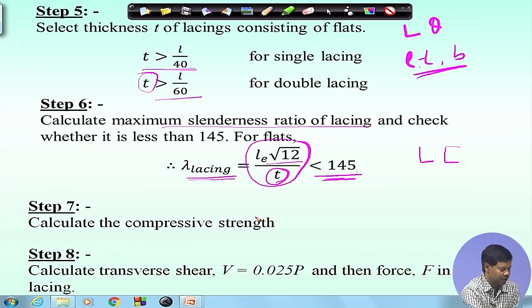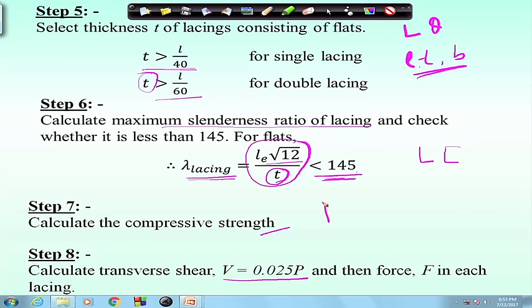So, in step 7 we will calculate the compressive strength of the member. Then in step 8 we can calculate V. In step 7, compressive strength means the P, the total compressive force or whatever it is coming on the member, that we can find, and then the transverse shear V is 2.5% of P. So that can be calculated, right.